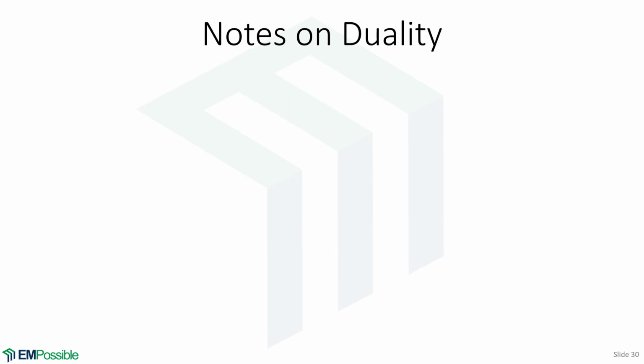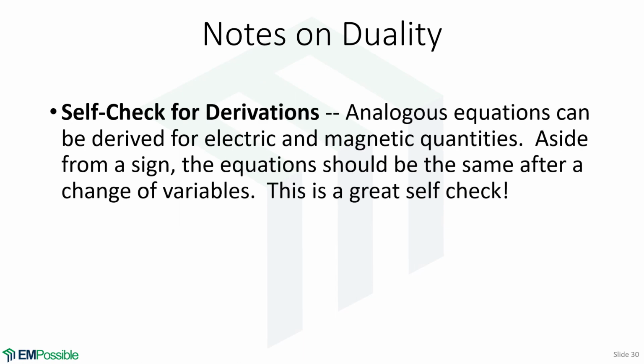Now, why is this even important? Let's end with some notes on duality. I love this part. It's a self-check for derivation. Since they're roughly equivalent, if I do a long derivation and end up with an expression for an electric field, I should be able to go back and do an equivalent derivation and end up with the same expression, but for magnetic fields, where E is swapped for H, D is swapped for B, the permittivity is swapped for permeability, and the electric charge density and electric current density are swapped for the magnetic charge density and magnetic current density.